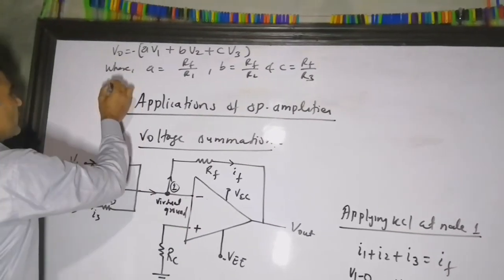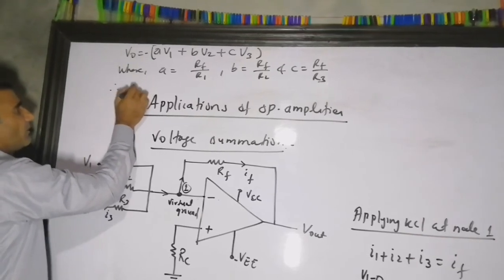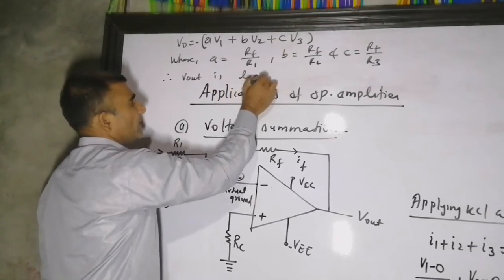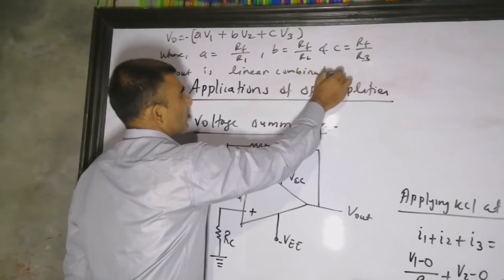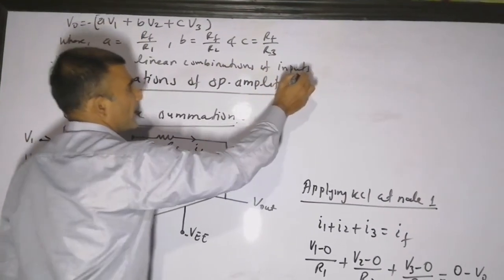So what we get is the output voltage. Therefore, the output voltage V out is a linear combination of the inputs we applied.